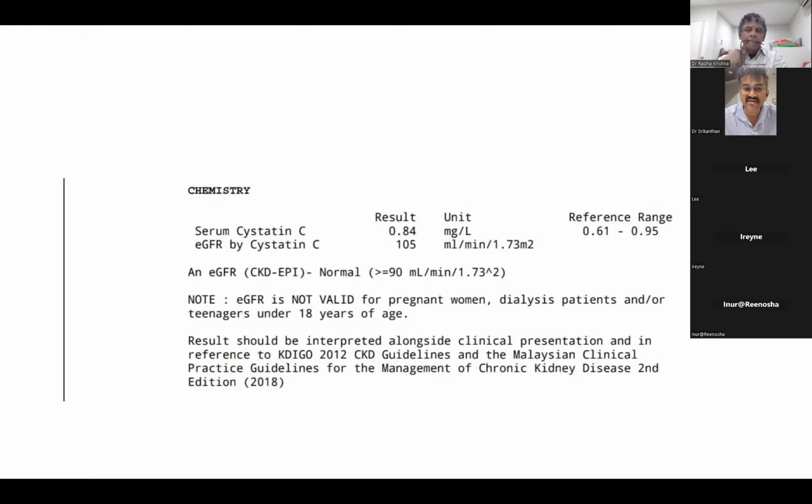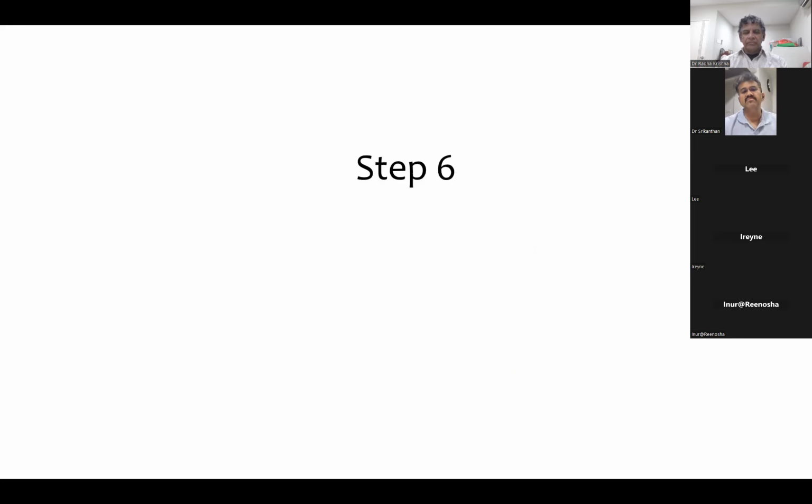And this is eGFR by cystatin C. This is way more accurate than that, because creatinine is influenced by many other factors like sex, body mass index, muscle mass, dehydration levels and so on. But cystatin C is the specific marker, and it is only estimated to pick up CKD in patients.